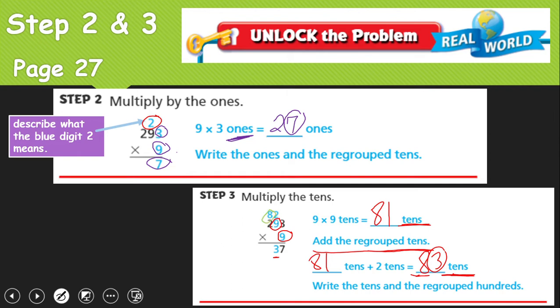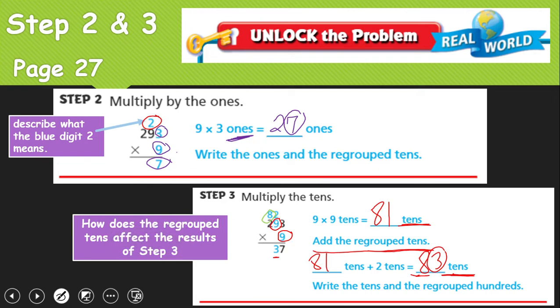All right, so my next question would be, how does the regrouped tens that we had up here in the 2 affect the result of step 3? You should have noticed that 9 times 9 equals 81 tens. What changed is when we added those 2 tens that we had to regroup, it changed it to 83 tens.